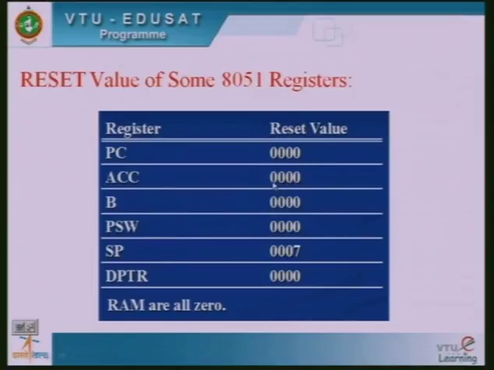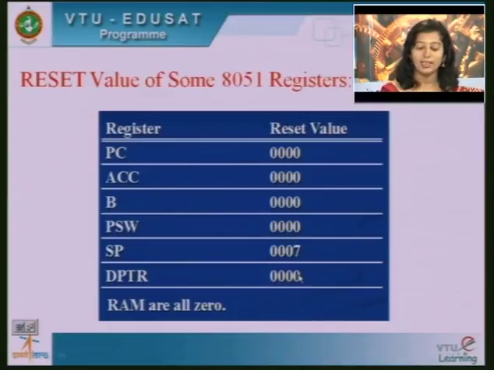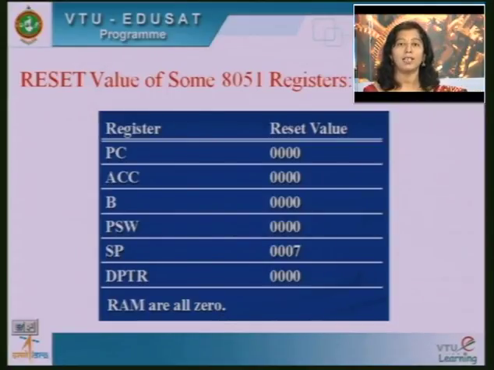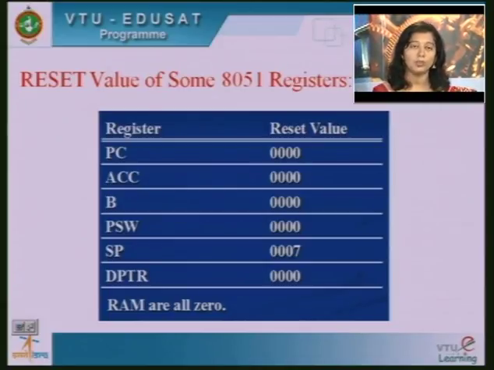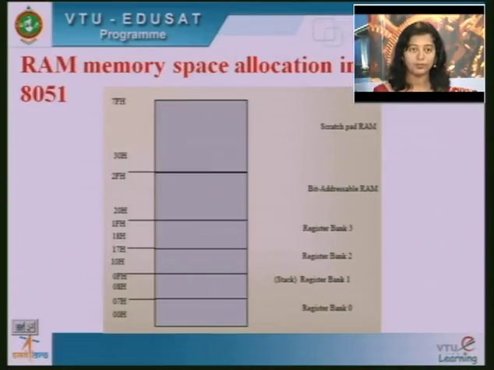The accumulator, the A register, will also be 0, the B register becomes 0, the program status word becomes 0, the stack pointer will point to the initial location of the stack, the beginning of register bank 1, and the data pointer will contain 0. In RAM, all the values in the read write memory area will become 0. So, on reset, most of the registers will be changed to 0. Please remember this.